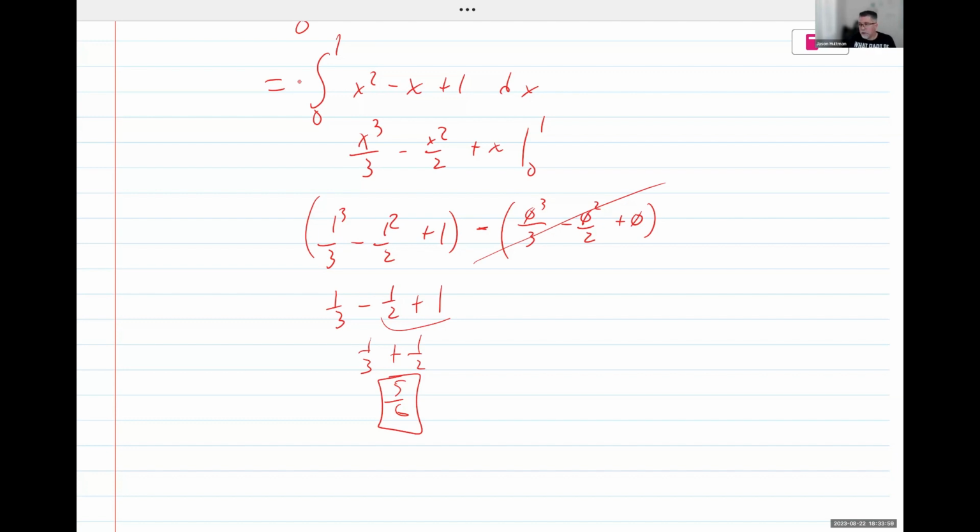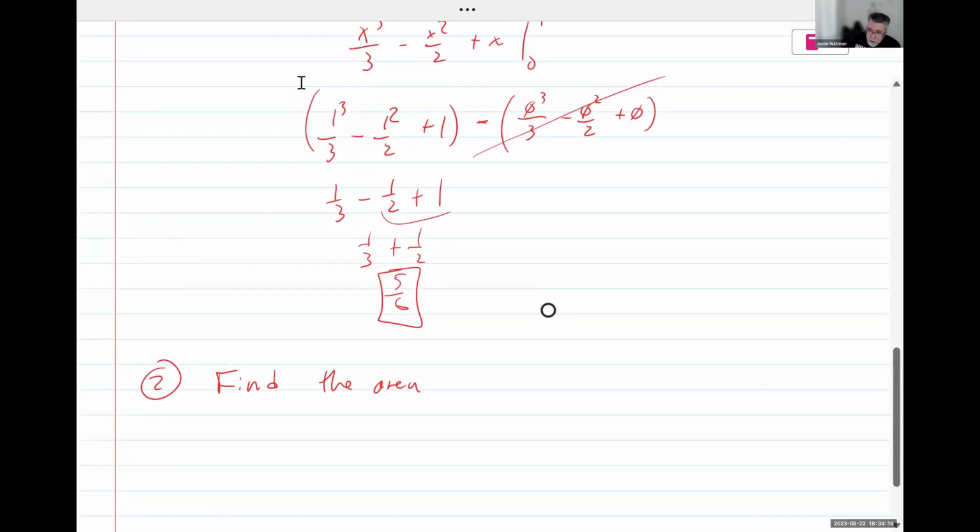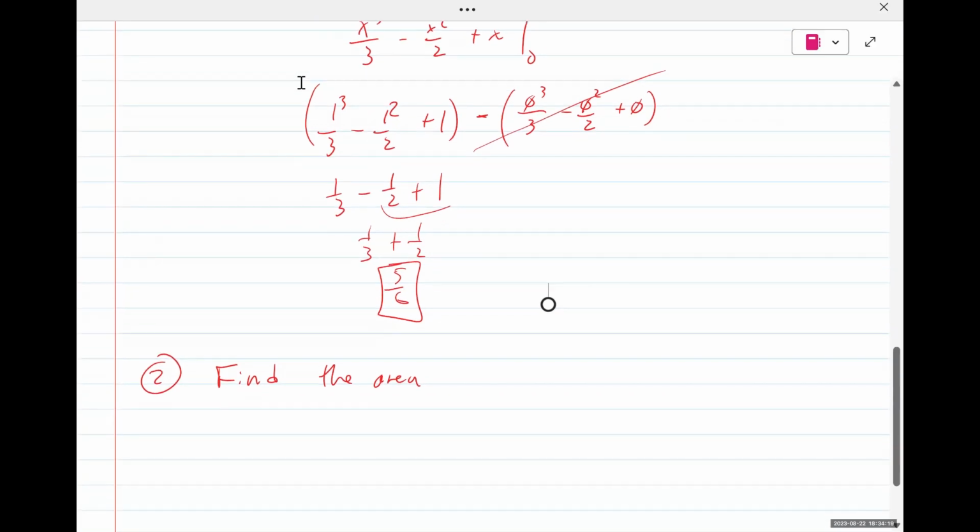Okay, let's go over another example. Second example. Okay, number 2. Find the area. Professor, could you scroll up a little bit? Sorry about that. Roll down, you mean? Oh yeah, right there's good. Sorry.